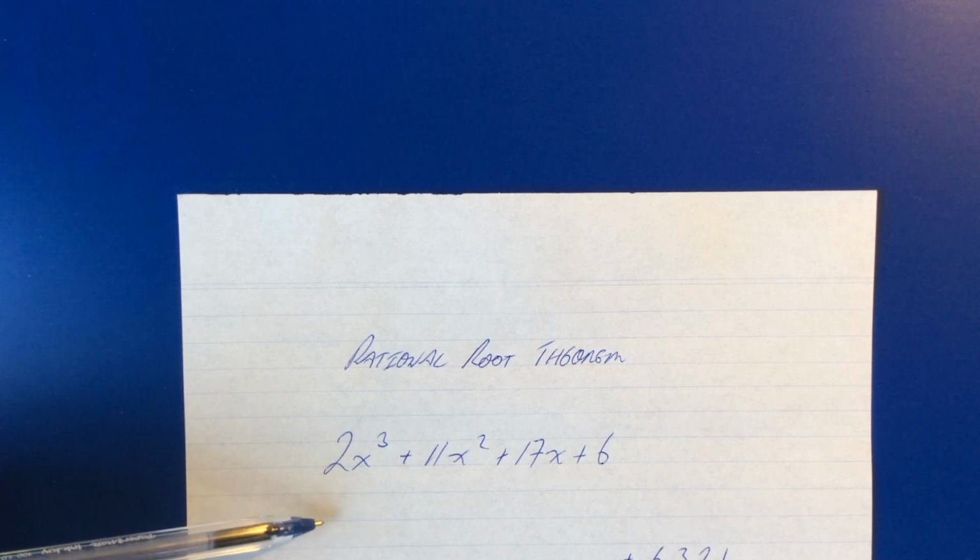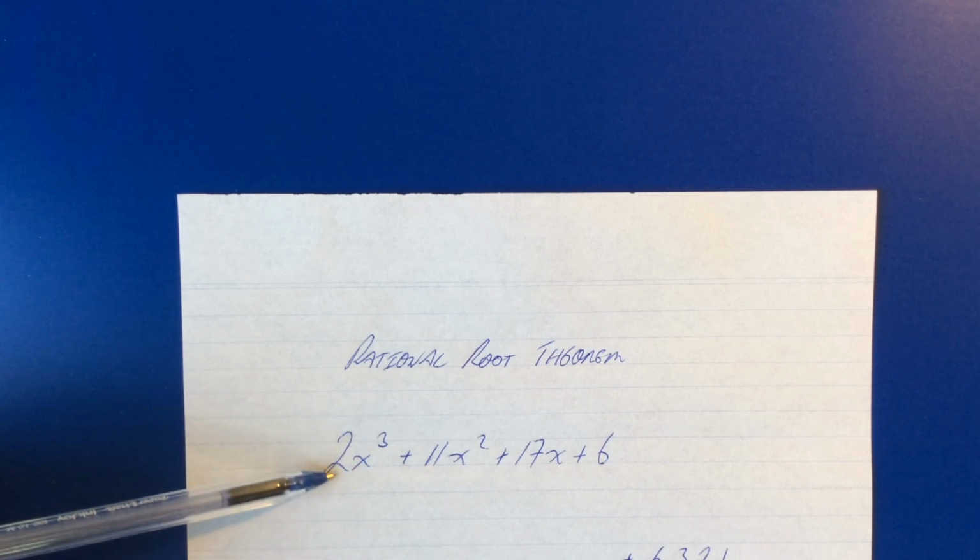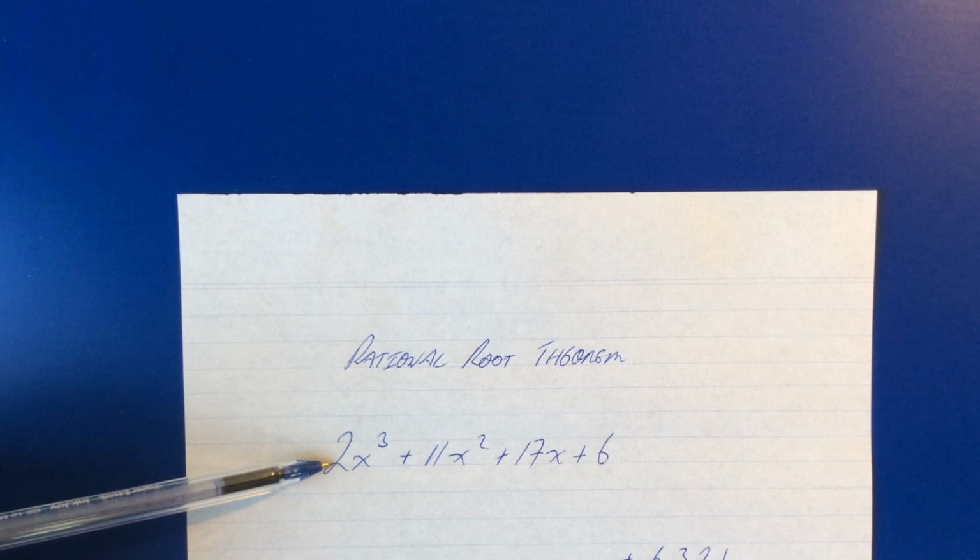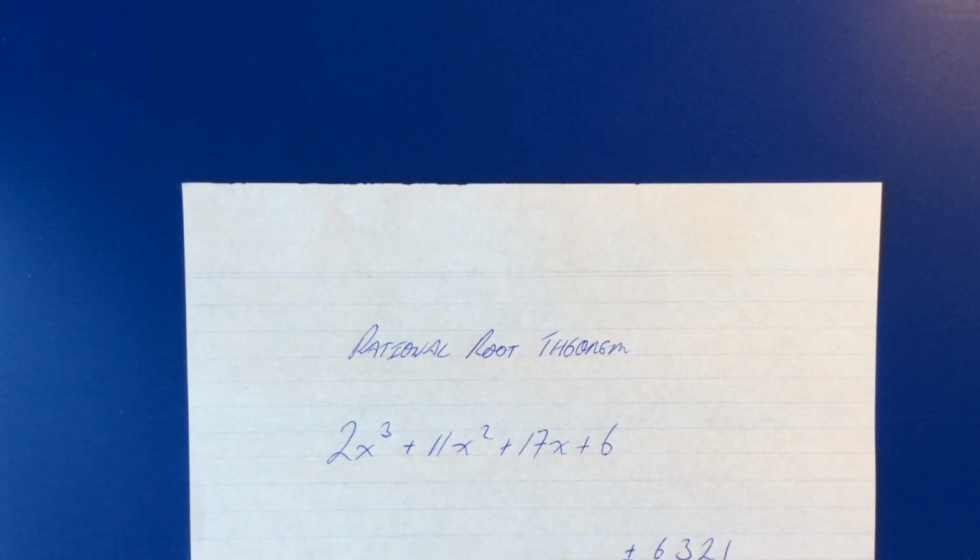I think that where rational root theorem really comes in is where we've got coefficients of x cubed that aren't 1. That's where I would be attracted to it. Anyway, so what do we do?